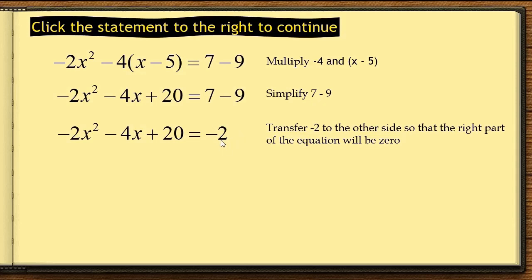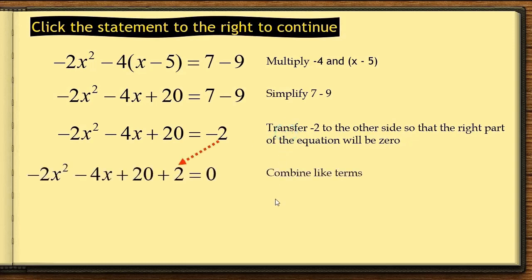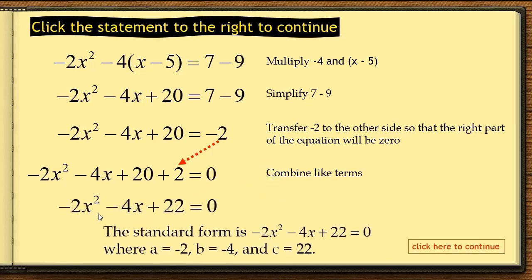This negative 2 should be transferred to the other side so that the right part of the equation will be 0. And by combining like terms, we will derive this equation, which is the standard form of the equation before, where a is negative 2, b is negative 4, and c is equal to positive 22.